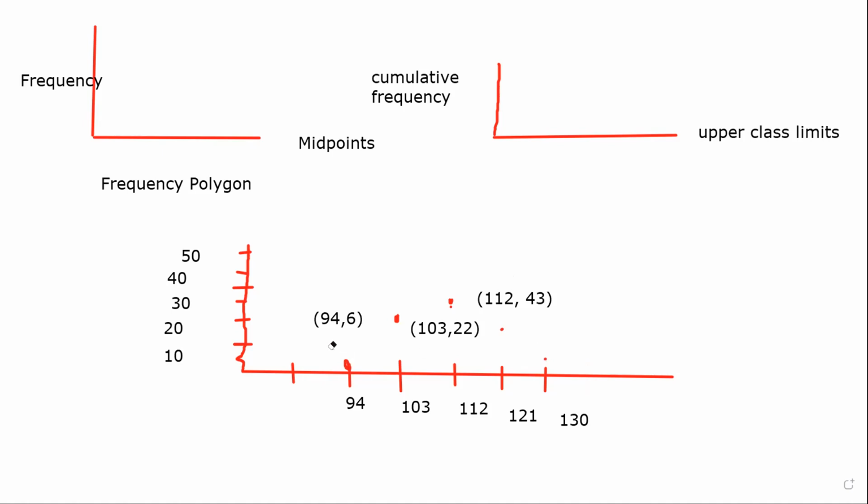All right, so these are the points that we plotted. Now, when you create a frequency polygon, you have to connect the dots, connect the midpoints with straight lines, not a smooth curve. You connect them with straight lines and you make a shape.